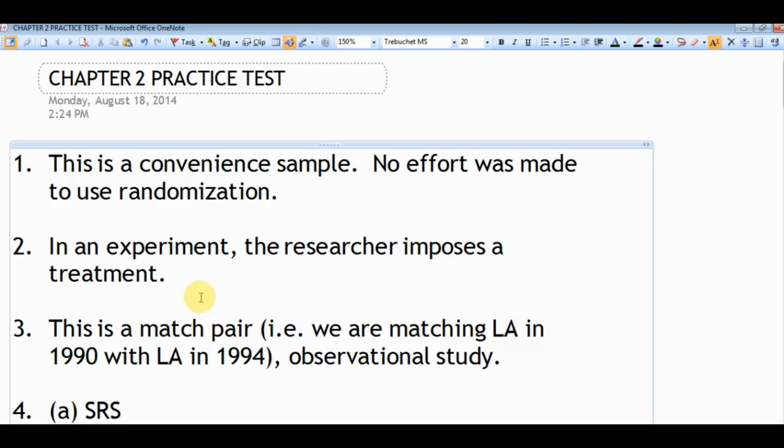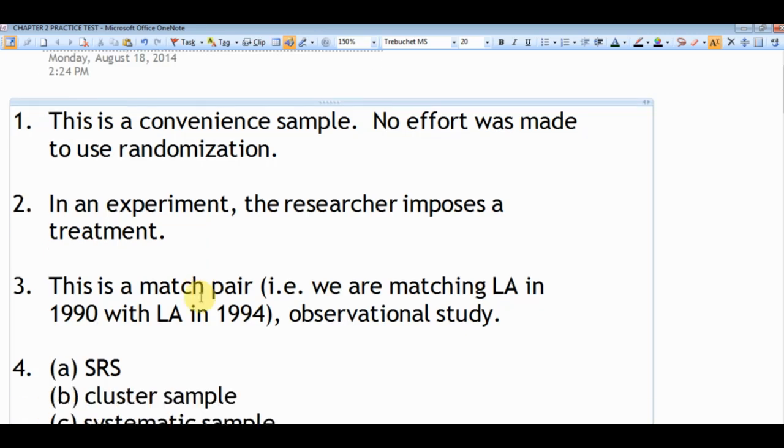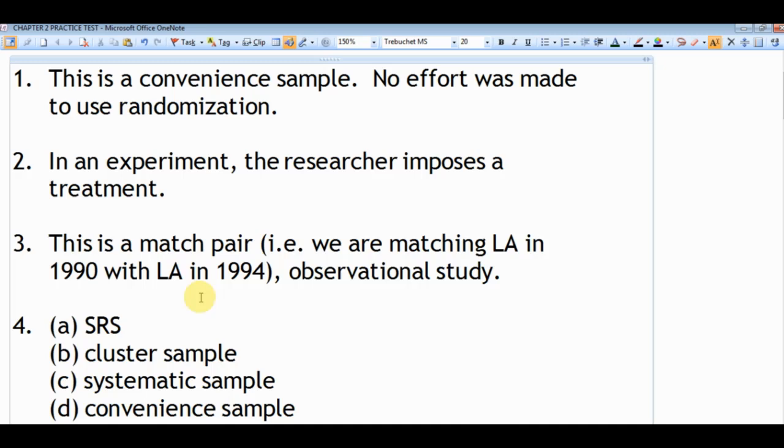Number 3. Data were collected from 20 cities. Data on the percentage of women in the workforce. The data were collected in 1990 and again in 1994. Gains or losses in this percentage were the measurements upon which the study's conclusions were to be based.